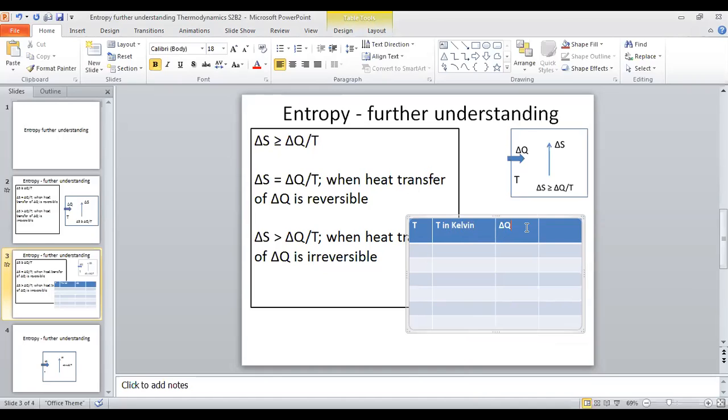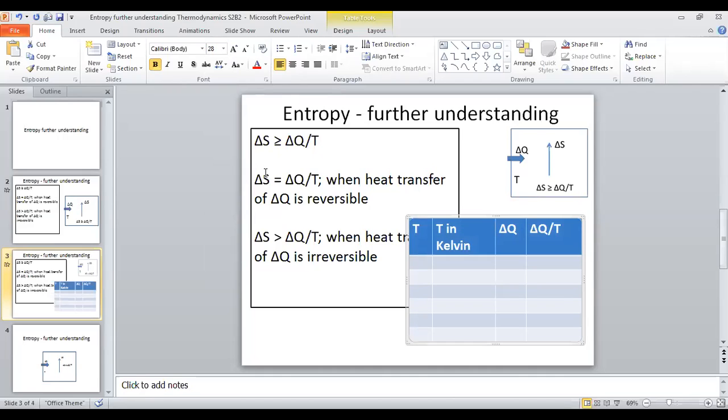T in Kelvin, delta Q, and the other one is delta Q by T. Yes, be patient, very patient. Let's see how this analysis goes. Put the fonts a bit big.